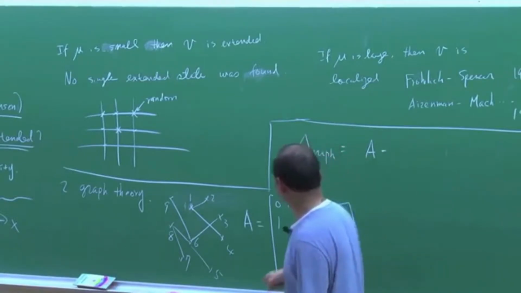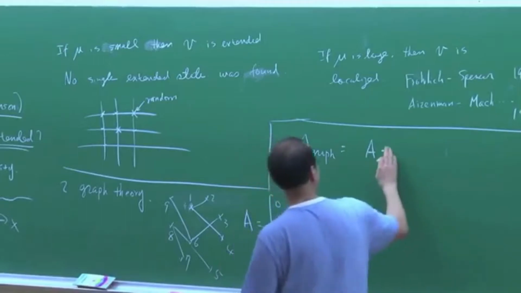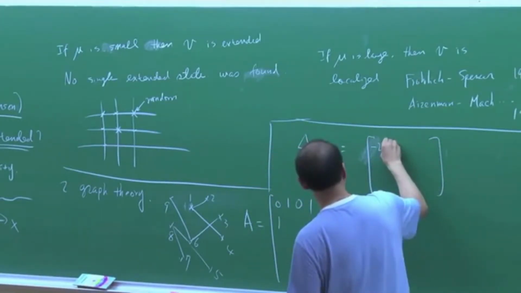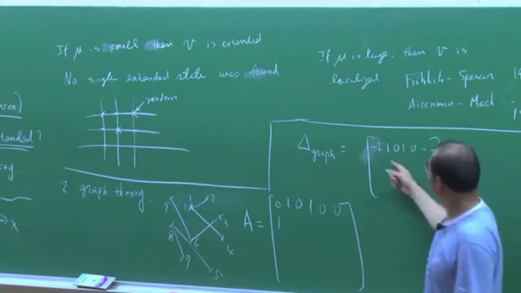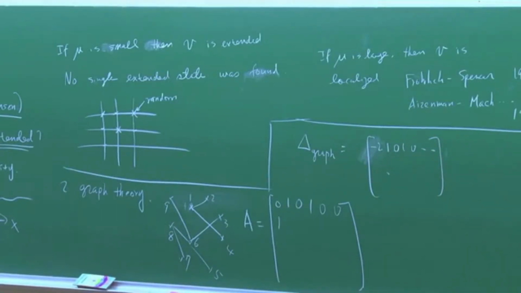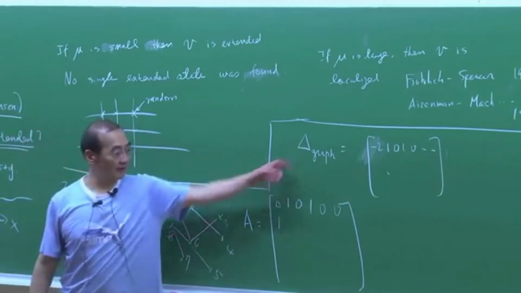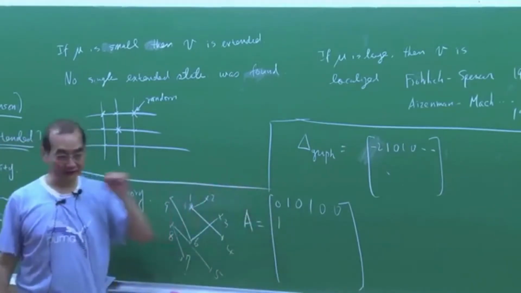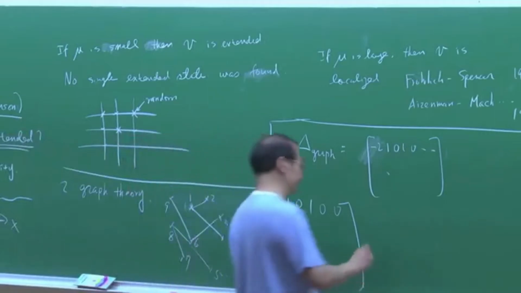For example, in this case, 1, 2, 1, 3, this is 0. So the diagonal counts how many 1s there are, and subtracts them. There are some subtle differences between the Laplace operator and A, but roughly speaking, they share many properties.